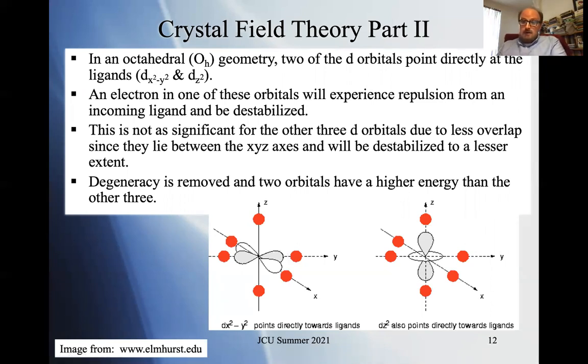Now, in terms of the other 3 orbitals, those are not going to have that head-to-head collision because of their orientation in between the axes. Right, so that means there's less perturbation for those 3 and more perturbation for these 2. Now, what that means is that the orbitals are no longer going to be equivalent in energy because 2 of them are going to be destabilized more than the other 3.